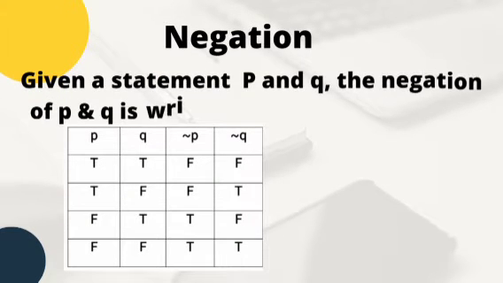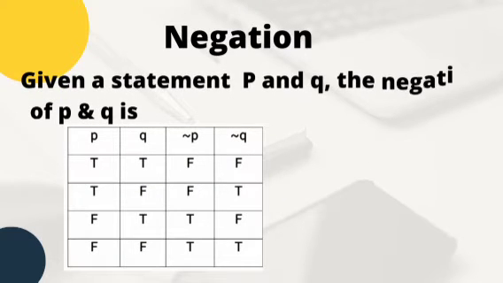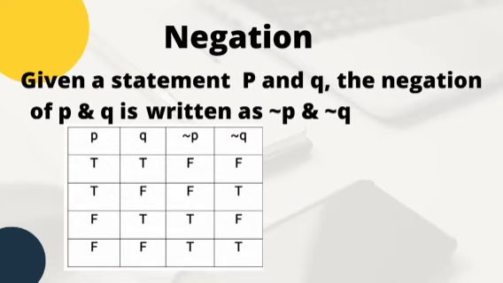Negation. Given a statement P and Q, the negation of P and Q is written as negation P and negation Q. Given the truth table below, we have statement P, statement Q, negation of P and negation of Q. If statement P is true and statement Q is also true, then negation of P is false, negation of Q is false.